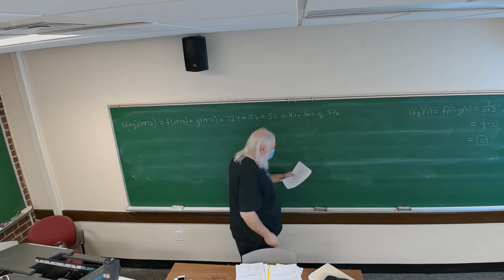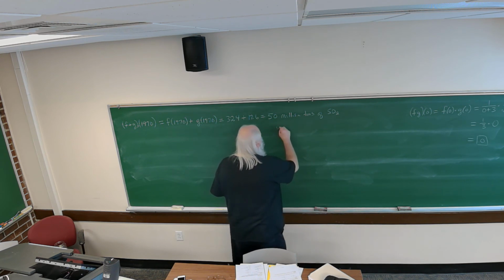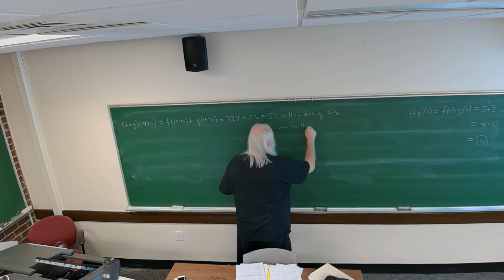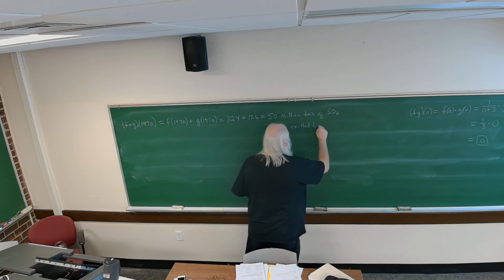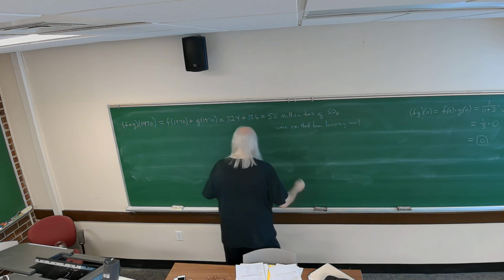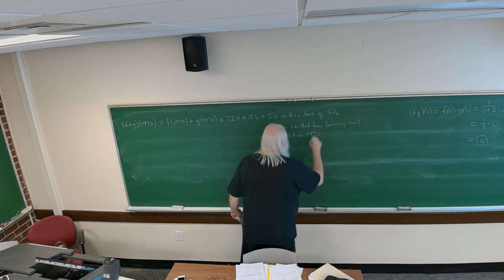This says interpret your answer. Okay. 50 million tons of SO2 were emitted from burning coal and oil in 1970.